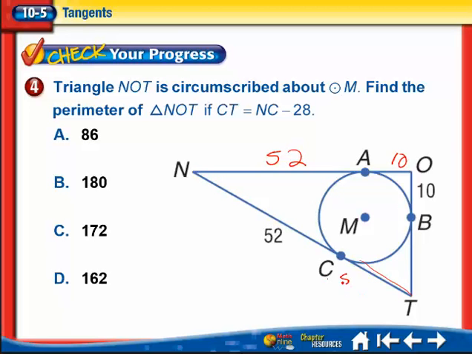So 52 minus 28 is what? 24. So this is 24. So add them together. 34, 44, 96, 148, 172. If you add them all together, C.